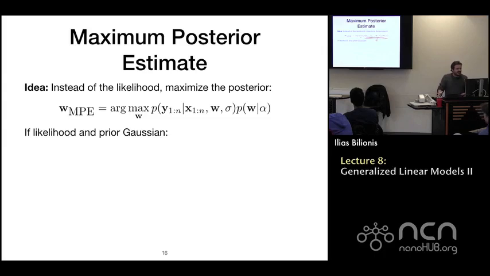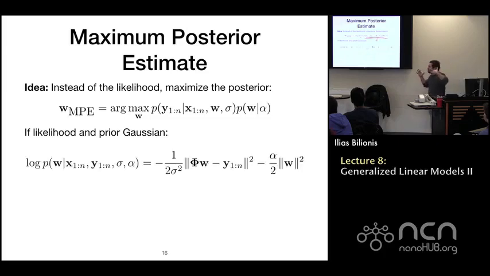Now, if you work with a logarithm and your prior is Gaussian and your model is linear and your likelihood is also Gaussian, then the logarithm of that posterior will be this expression plus some constant that doesn't depend on the weights. Okay? And you see that it looks pretty much like your maximum likelihood.